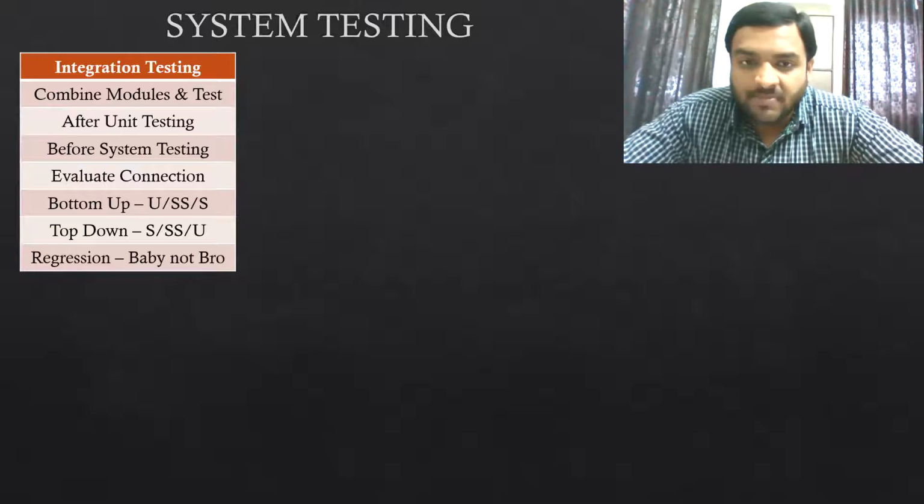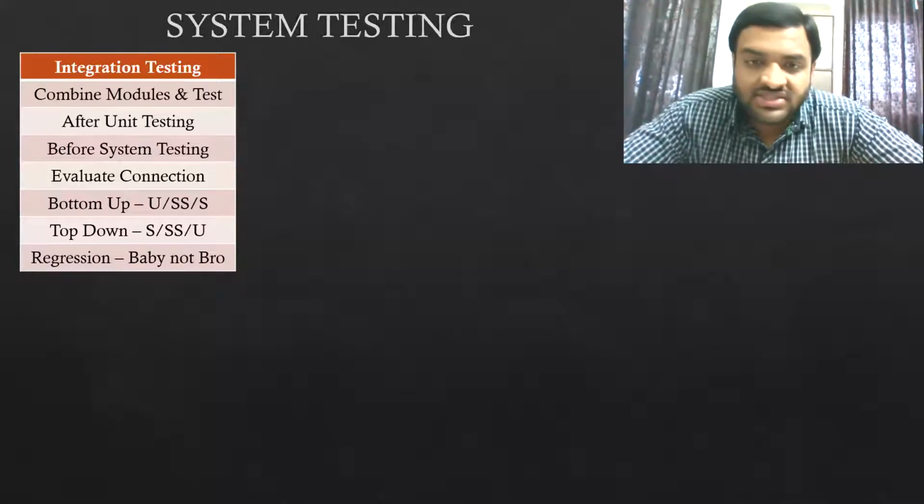Now what is bottom-up testing? Now tell me, is the unit the biggest component of the system or the smallest component of the system? Smallest. Then what we will do is, we will start from the unit, then we will look at the subcomponents of the system, and then we will look at the system.